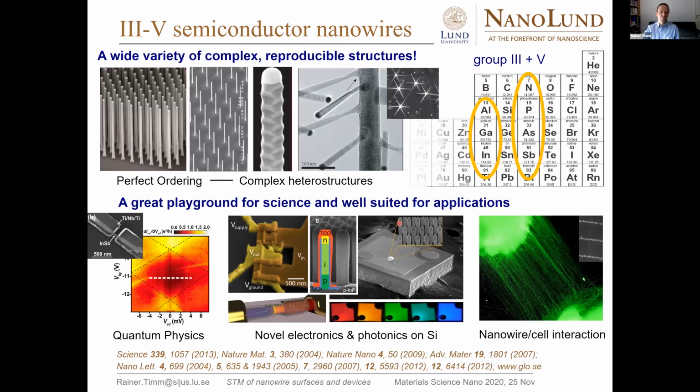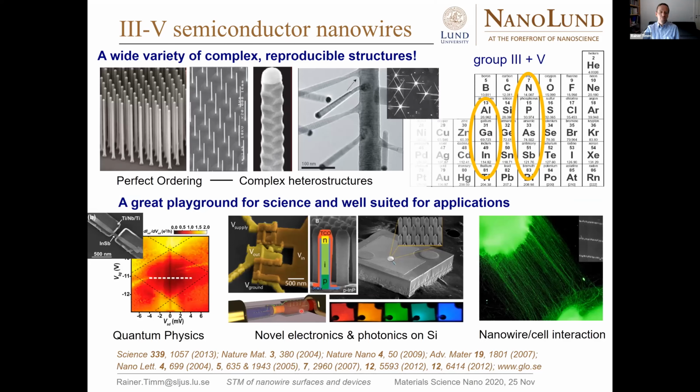But also in fundamental studies like quantum physics. You can see here an example from single electron tunneling, or even from interfaces between semiconductors and superconductors, but also within nanobiology, medicine. This is a nanowire here interacting with a biological cell.